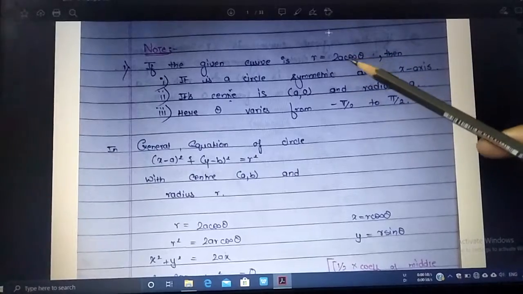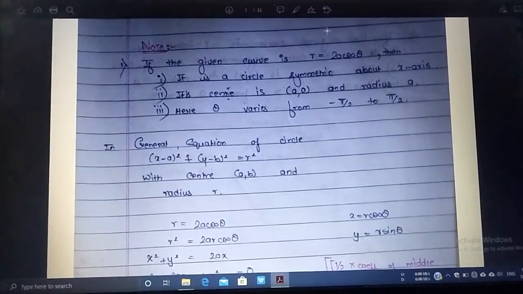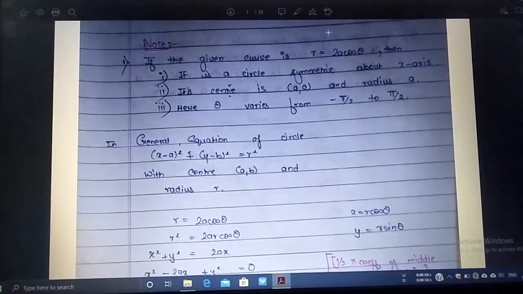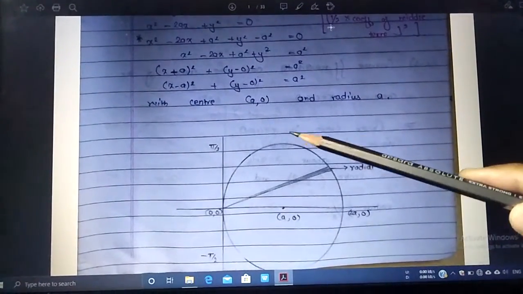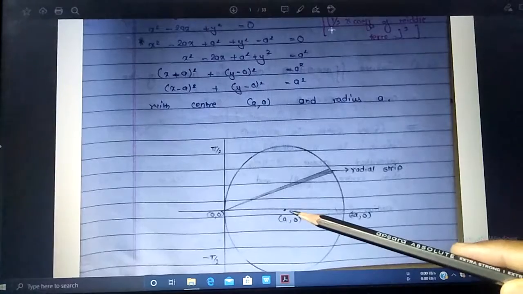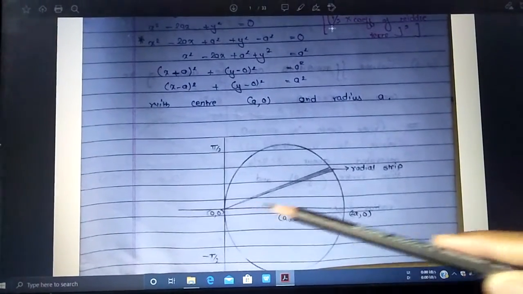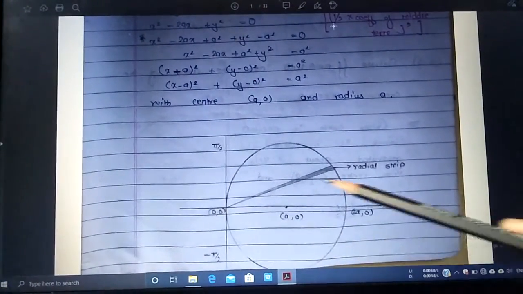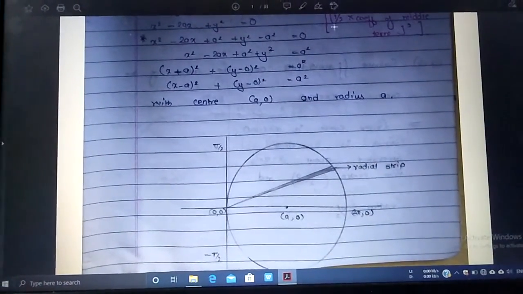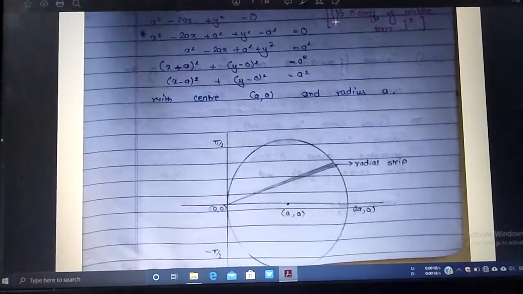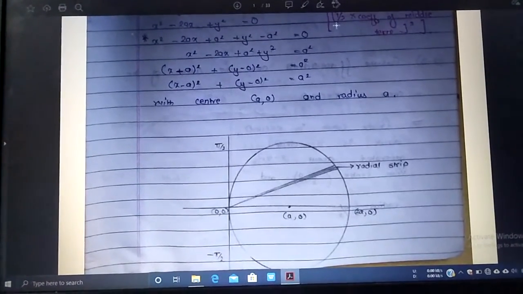If we draw the circle r equal to 2a cos theta, it will be symmetric about x-axis, with center at (a, 0), radius a, and 2a as the diameter.